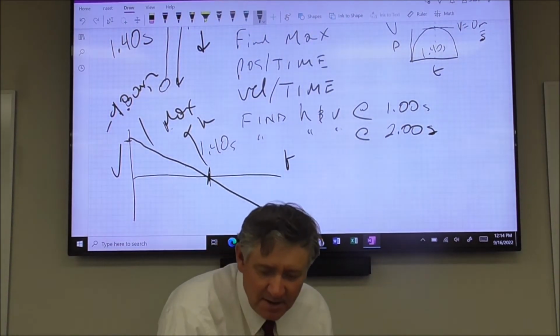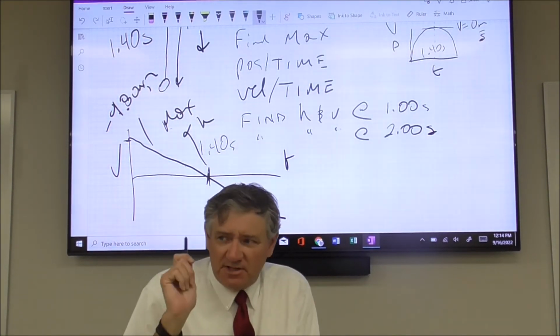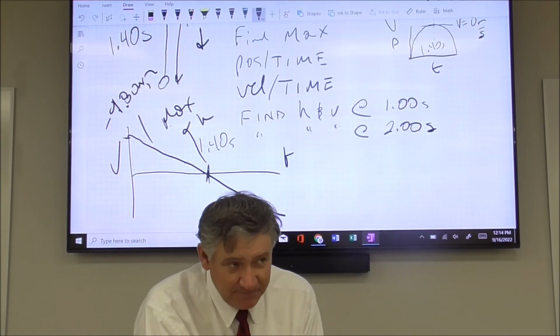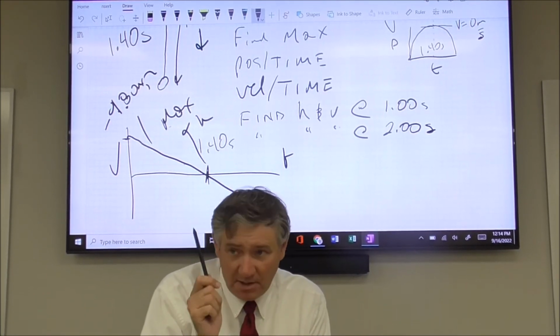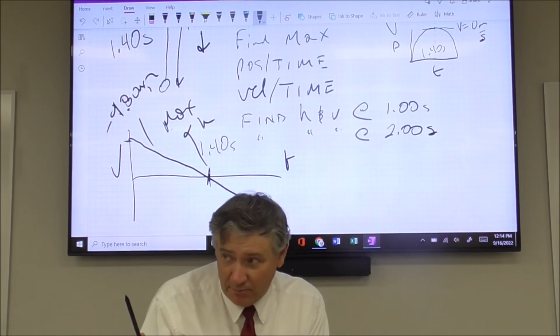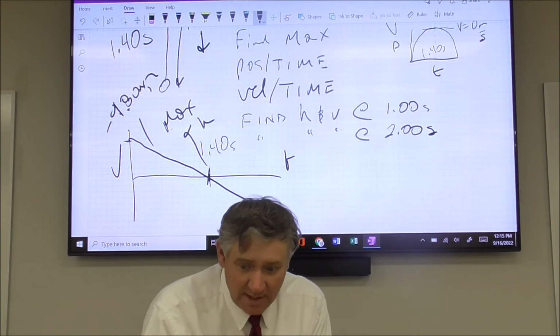What you'll see is that this first calculation is the most critical. If you screw up this initial velocity, everything else, the max height, everything, is going to go wrong. You have to make sure that you get this initial velocity right.